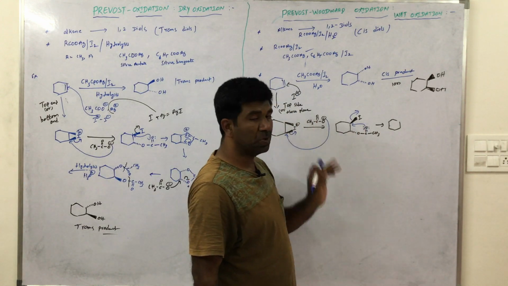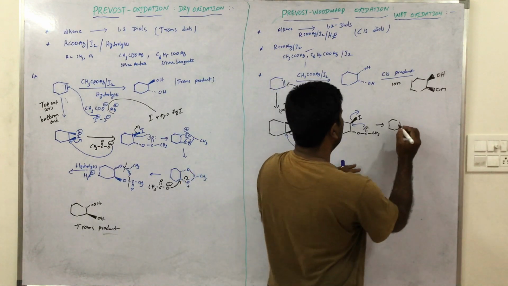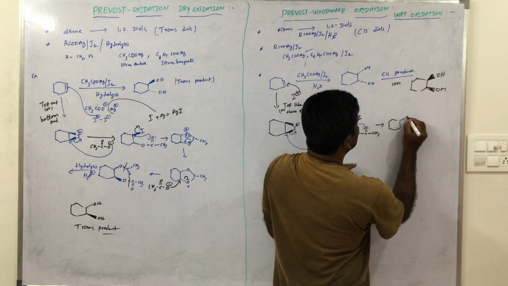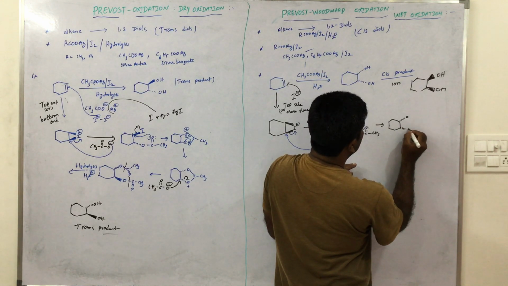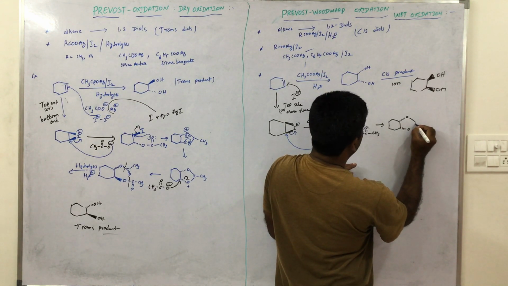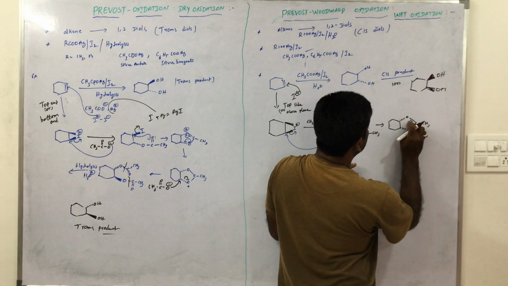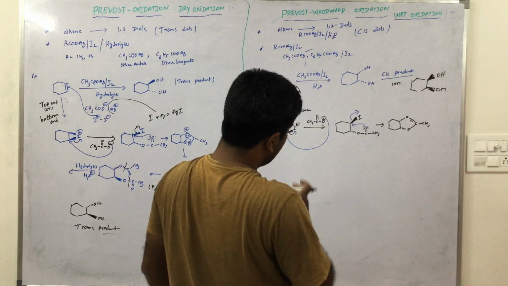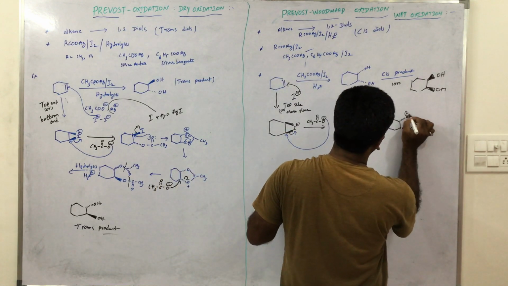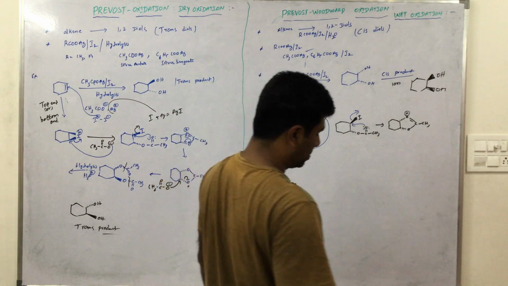Now this bond attacks below the plane, right? This is also a dotted line, because C double bond O CH3, C double bond O CH3, and this has a positive charge.